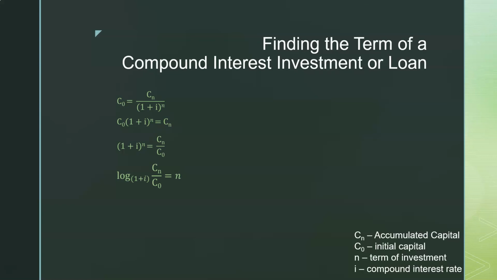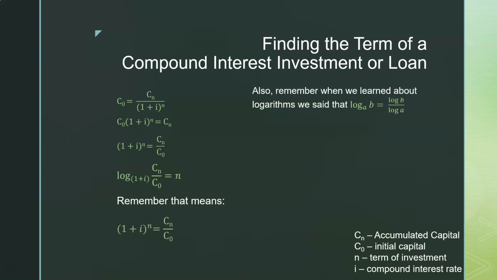You'll also remember from our previous knowledge that we can convert that to be working with base 10 logs rather than the special log of 1 + i. Also, remember when we learned about logarithms, we said that the log base a of b is equal to the log base 10 of b divided by the log base 10 of a.